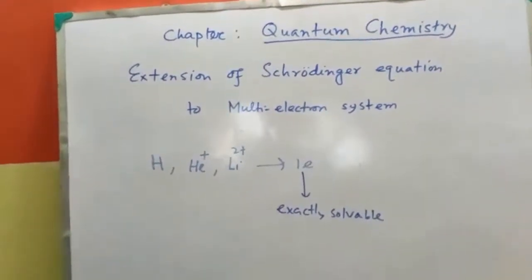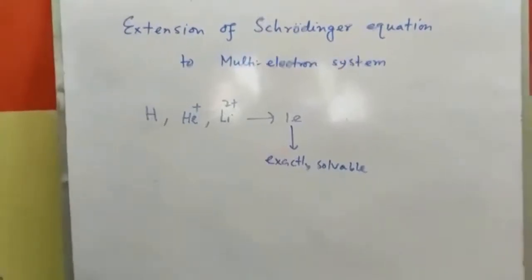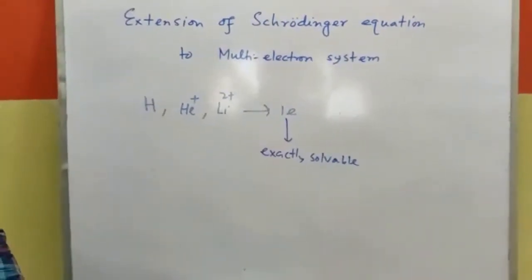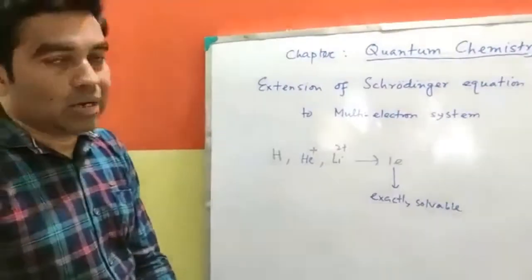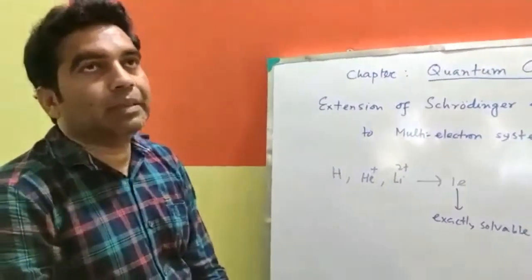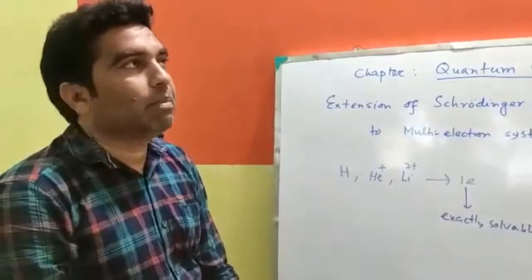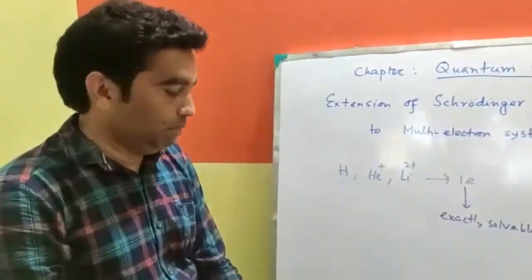If we want to extend the Schrodinger equation to the helium atom, then what will be the result and how can one solve the helium atom system to get the required energy?